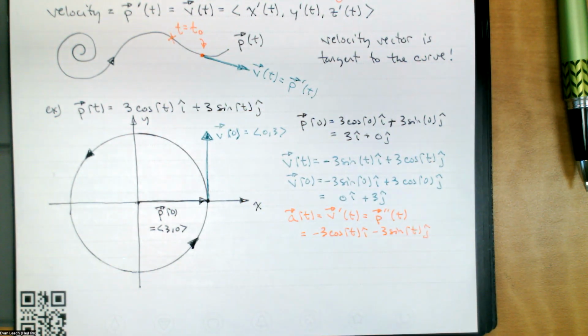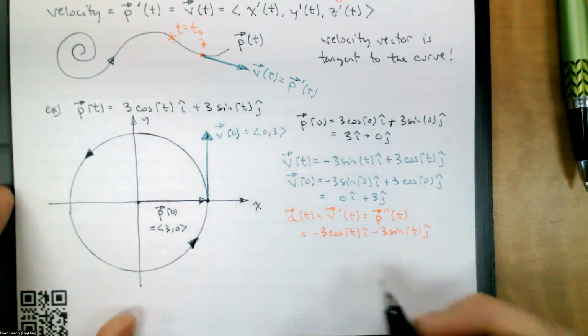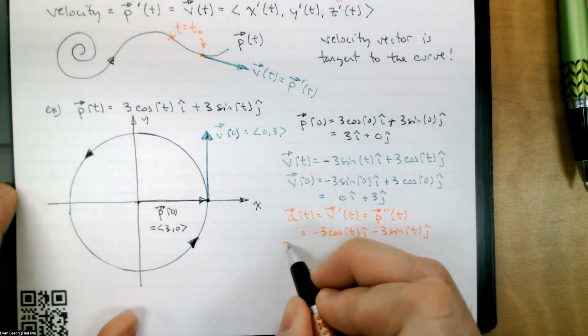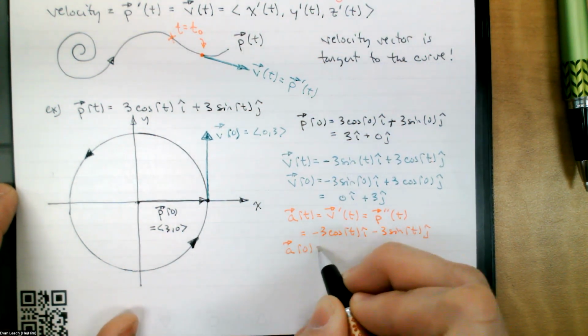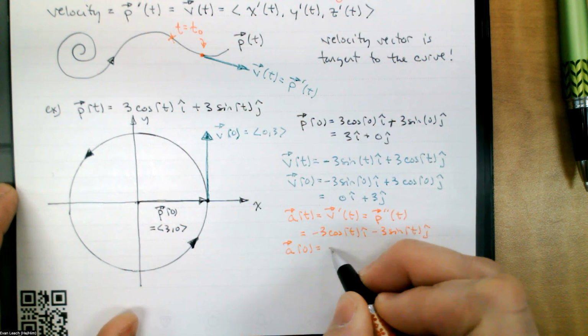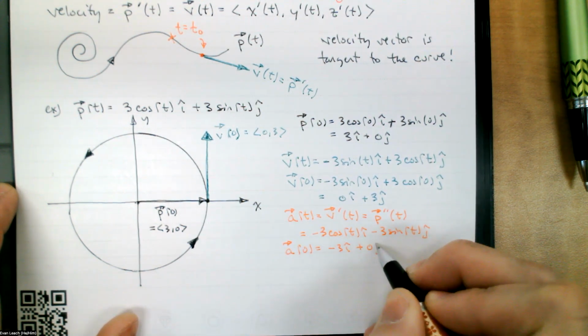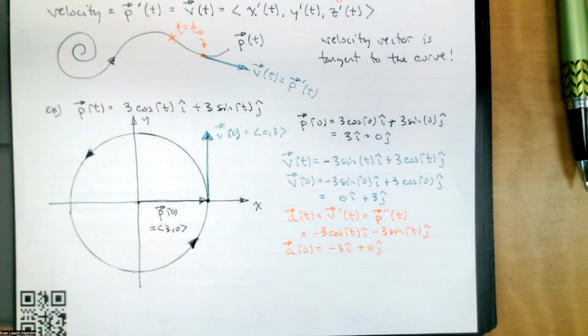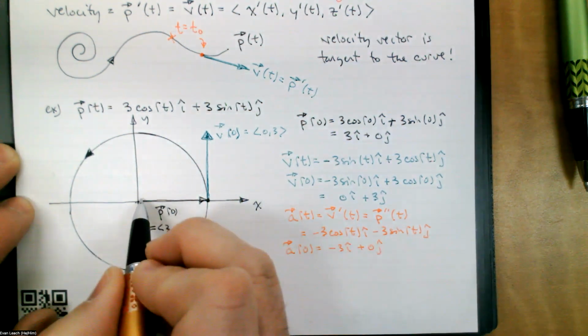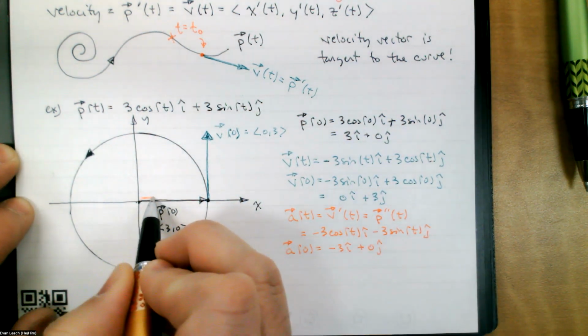When we plug in 0, we can see that we're going to be pointing back towards the origin. That's the acceleration as we go around. So the acceleration at t equals 0 is going to be negative 3i plus 0j. So the acceleration in this case is going to be normal to the curve.